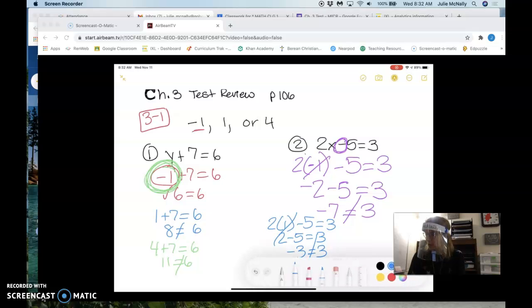Let's try the last one. 2 times 4 minus 5 equals 3. So 2 times 4 is 8. And 8 minus 5, 3. So we found it. 4 is going to be our answer.